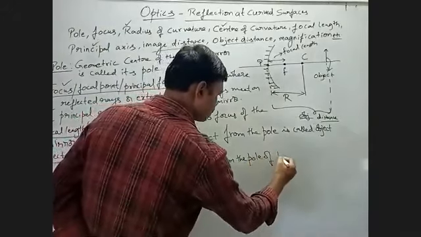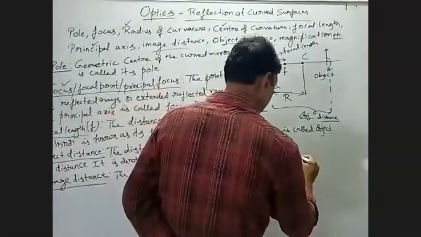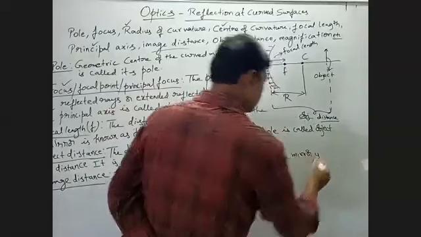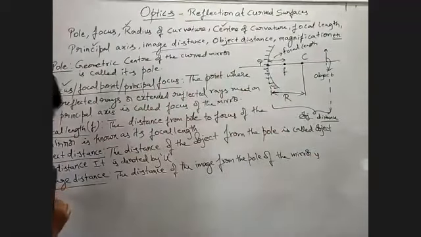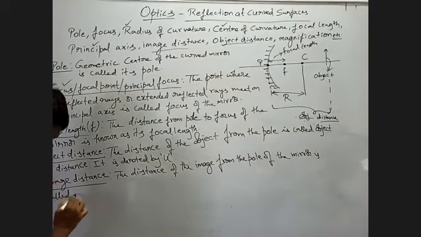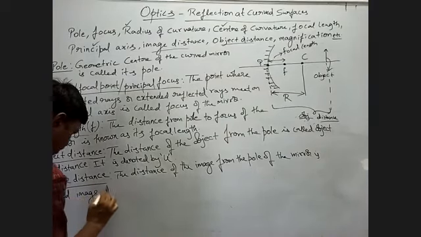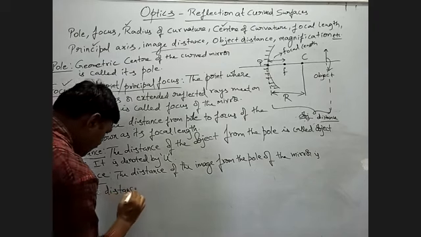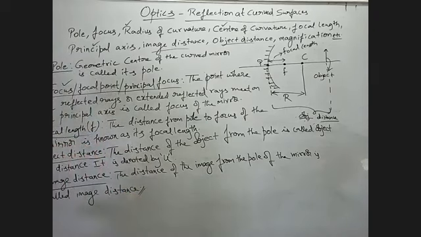It is called image distance. These are the basic definitions we have here. And then finally magnification. I will write it later. Otherwise, if it is visible, I can continue here itself. It is getting cut.